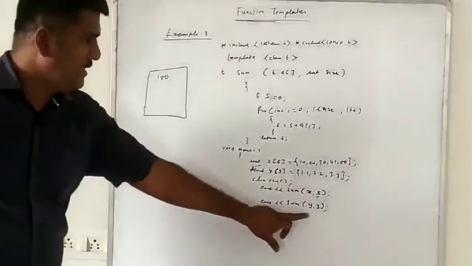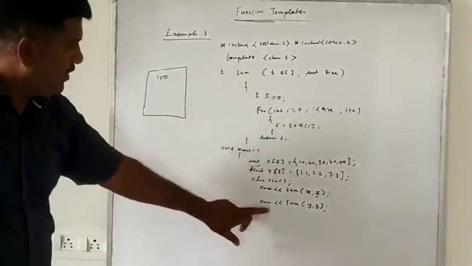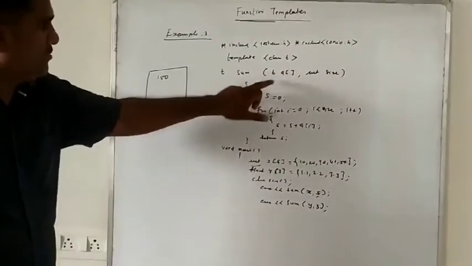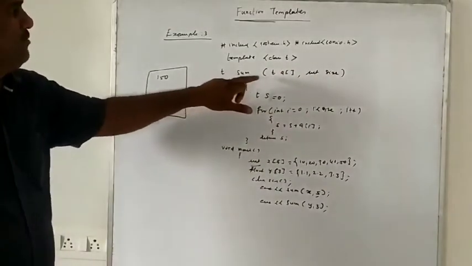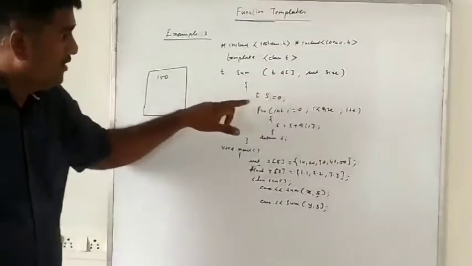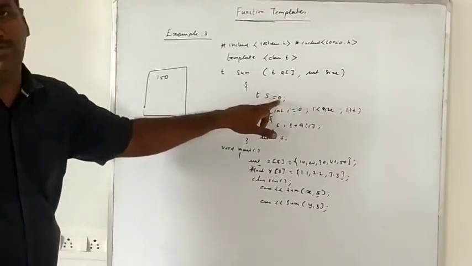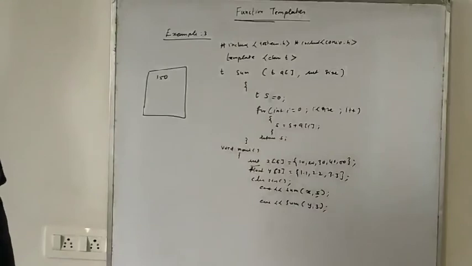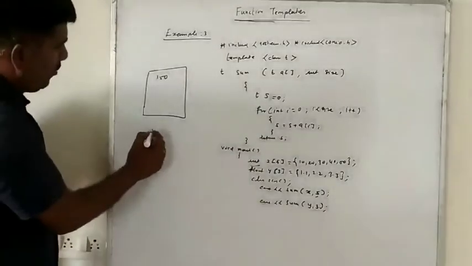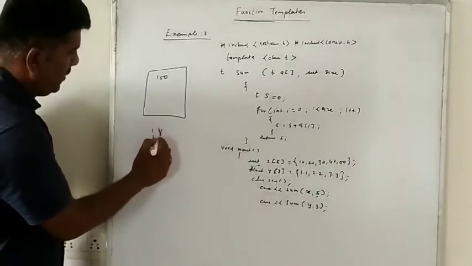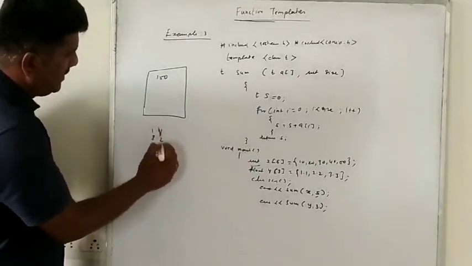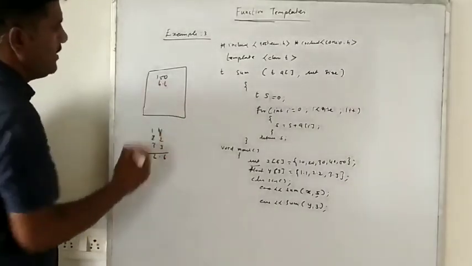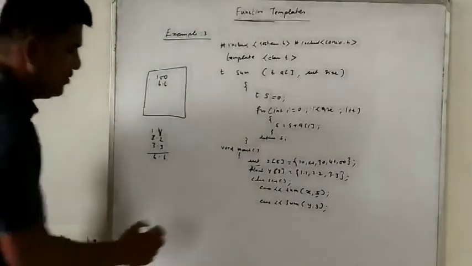Now the function is called, and y is a float, so T is replaced by float: float sum, float a of 0, int size, float s of 0. So the final answer is 1.1, 2.2, 3.3, which adds up to 6.6. Okay, so everything is completed.